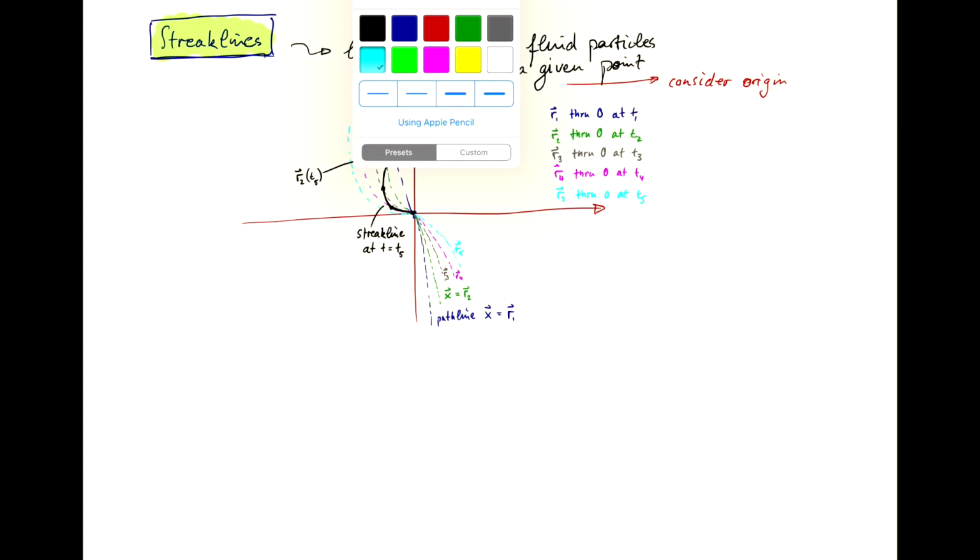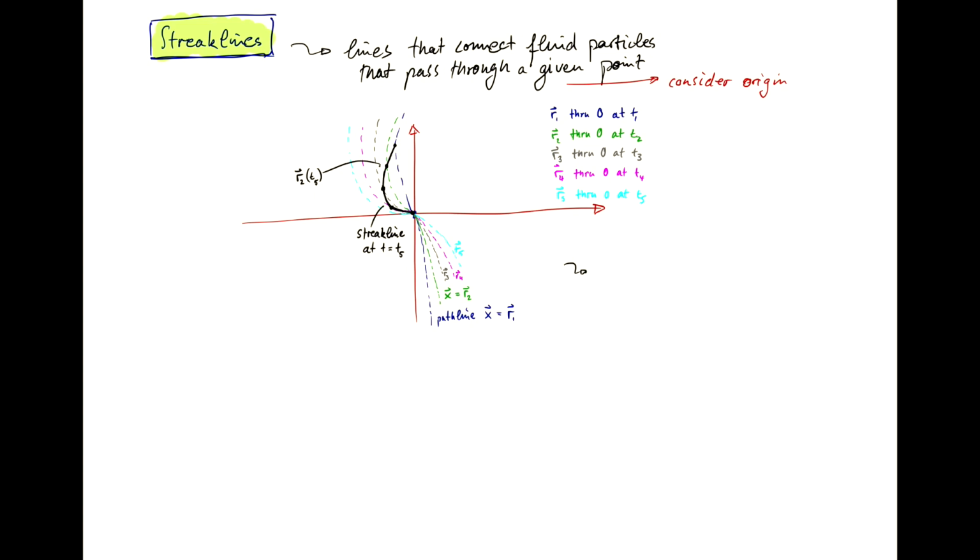So, in summary, you can imagine that streak lines are observed when dye is released continuously at one given point. The particle that passed through the origin at the earliest, which is r1, is the furthest from the origin when we calculate the streak line.